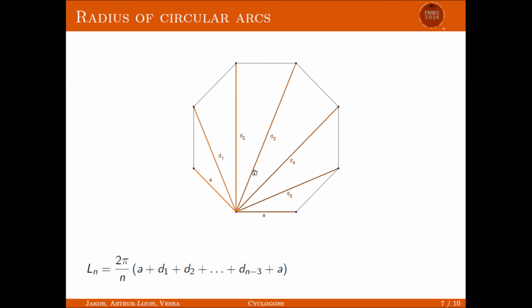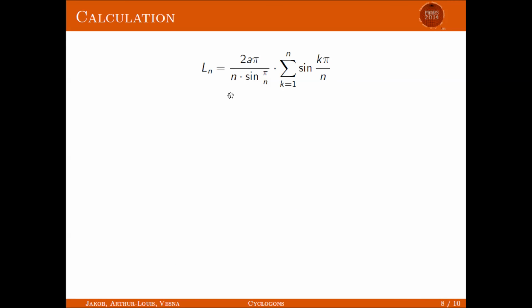We've decided to try this with the help of trigonometric functions, with which we managed to prove that d_k equals this, where d_k is the kth diagonal of the polygon and a is the length of this side. With the help of this and simple calculus, we were able to derive that L_n, the length of the nth arc of the cyclogon, is equal to this.